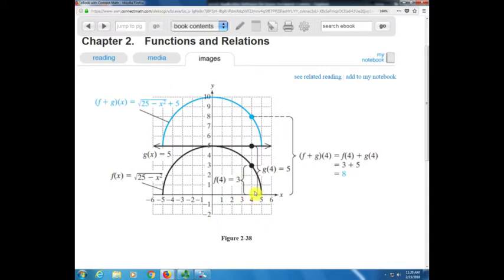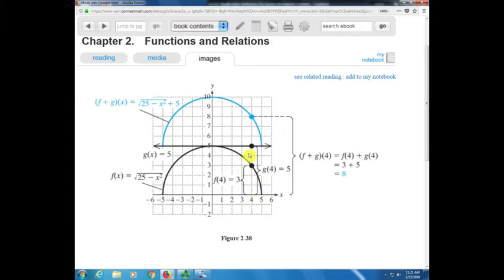Now if we're evaluating the function, so I told you to evaluate the function at 4. This semicircle, which is the f function, evaluated at 4. So when my x is 4, my y is 3, which is what we have here. The g function evaluated at 4.